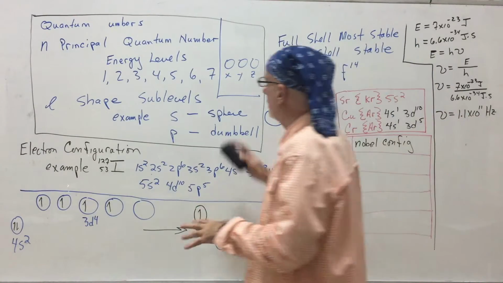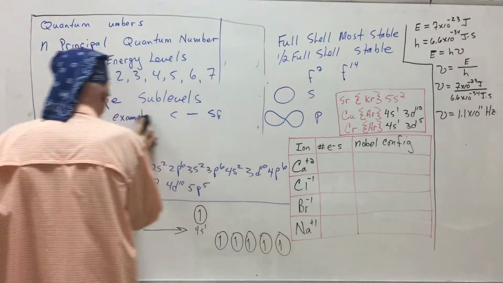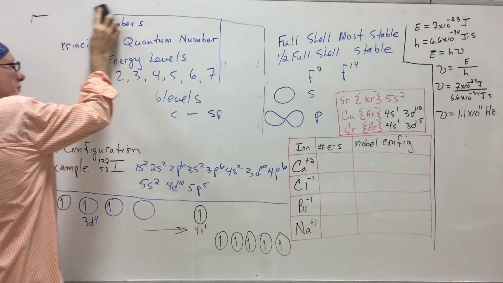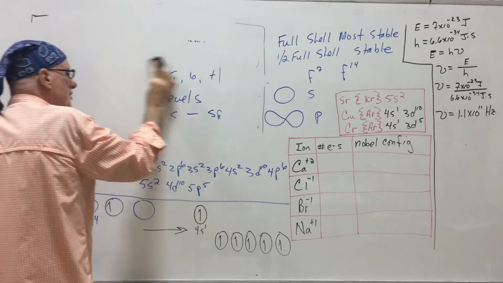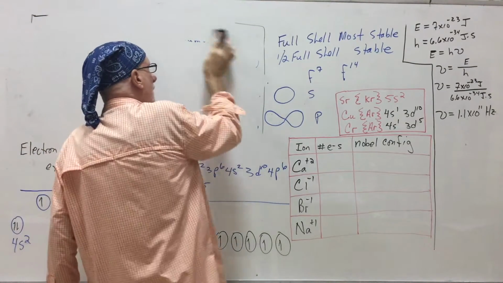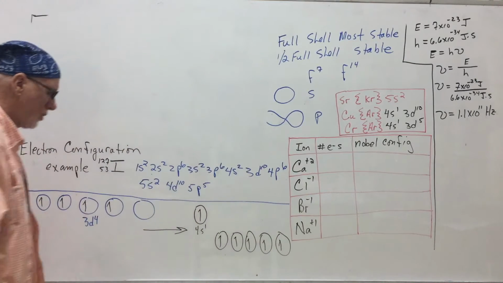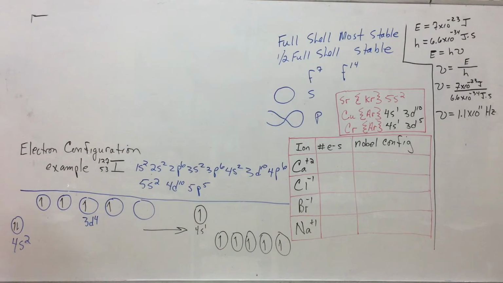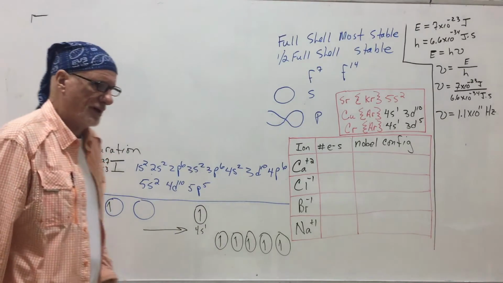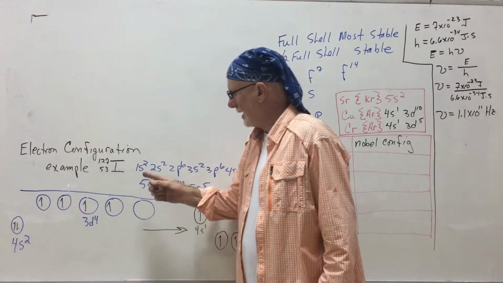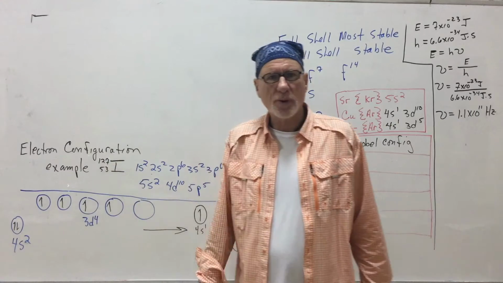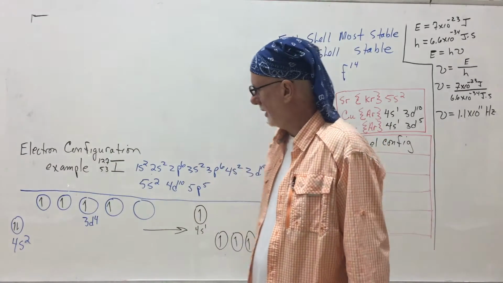Let's erase that. Now, quantum numbers. All right, and again, we'll do some practice quantum numbers at the end. Next thing, electron configuration. For instance, this is iodine, 127 and 53.